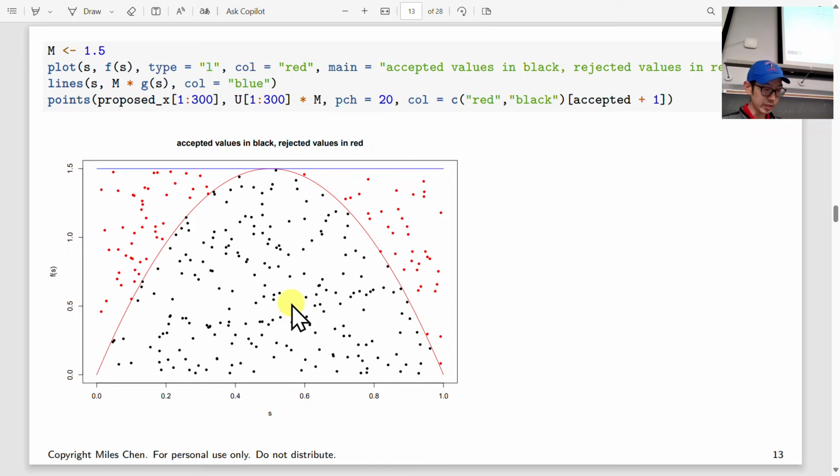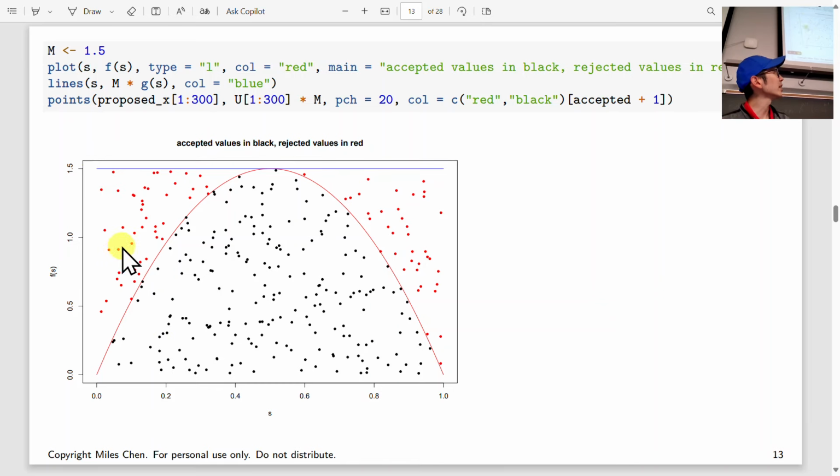Here's a little bit of an illustration of how it works. The dots here are a plotting of the random value of x generated from g of x and the random coordinate u. So u can go anywhere from 0 to 1, and the top would be 1.